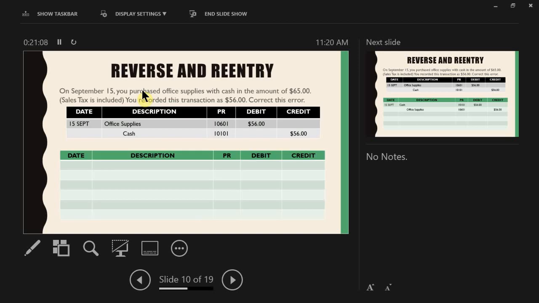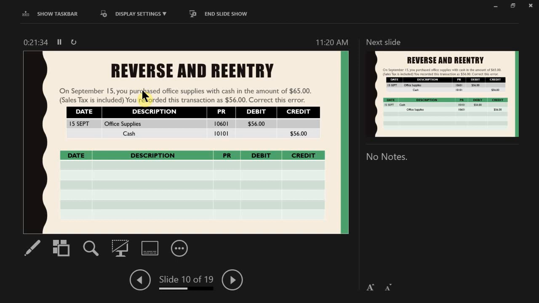So let's look at the very first scenario. It's going to be the reverse and re-entry type of correcting an error. Here I have an example. On September 15th, you purchase office supplies with cash, and you bought it for the amount of $65, and sales tax, of course, is included.